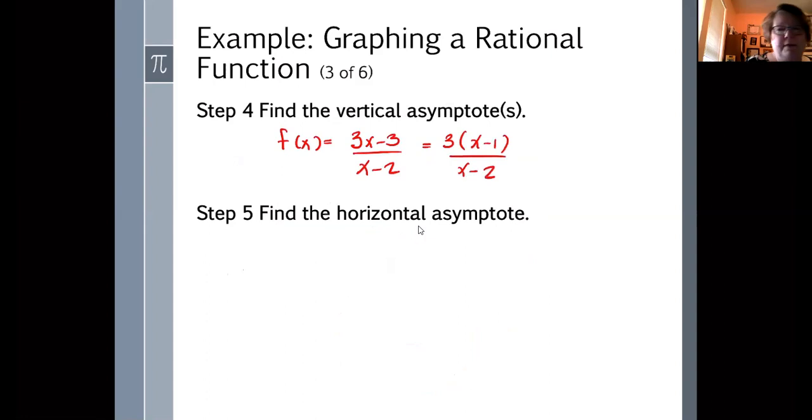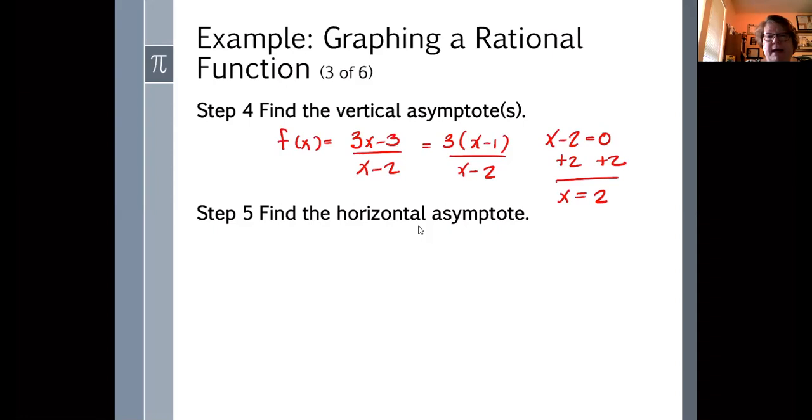And there is nothing I can cancel there. X minus 1 and x minus 2 are not common factors. So there's nothing I can cancel. So I'm going to set the denominator equal to 0 and solve the resulting equation. So there is a vertical asymptote at x equals 2.